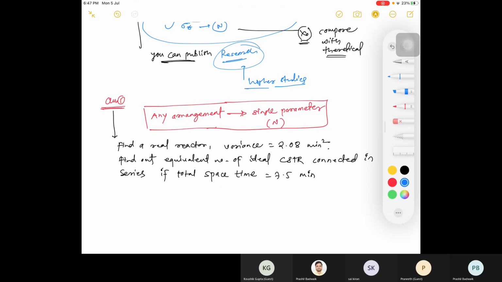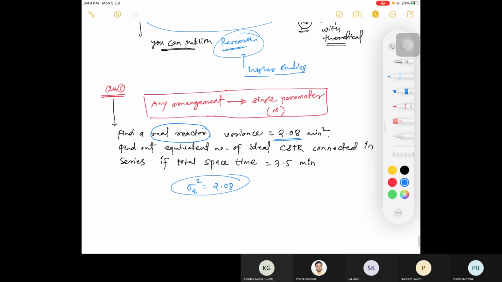First, please tell me what values are given. What is 2.08? Sigma t square for your system. Any system may be your single reactor or an arrangement of reactors. So sigma t square is given as 2.08. What is your 7.5?